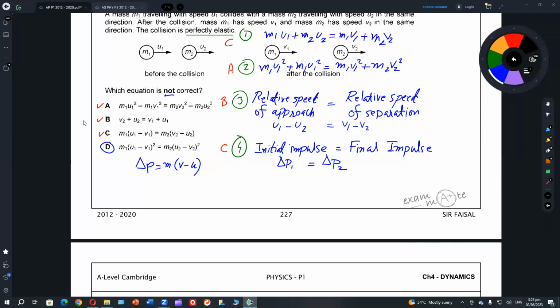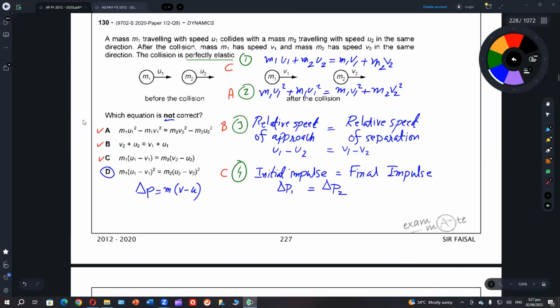So when the arrows are pointing in the same direction, they are minus. Arrows pointing in the same direction are subtracted. This is a rule for relative speed, and arrows in opposite direction are added.